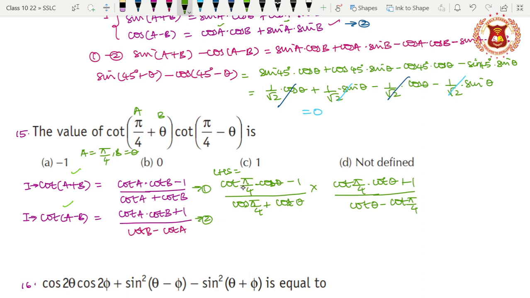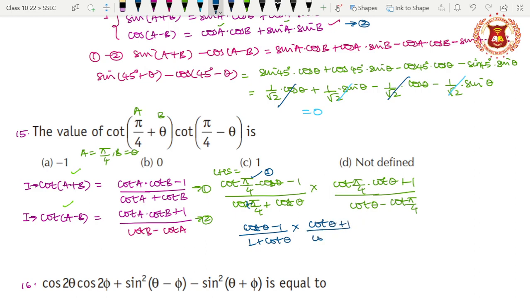Okay, cot of pi by 4 is 1 here. 1 into cot theta is cot theta minus 1, whole divided by cot of pi by 4 which is 1, plus cot theta, into, okay, cot of pi by 4 is again 1 here. 1 into cot theta is cot theta plus 1.